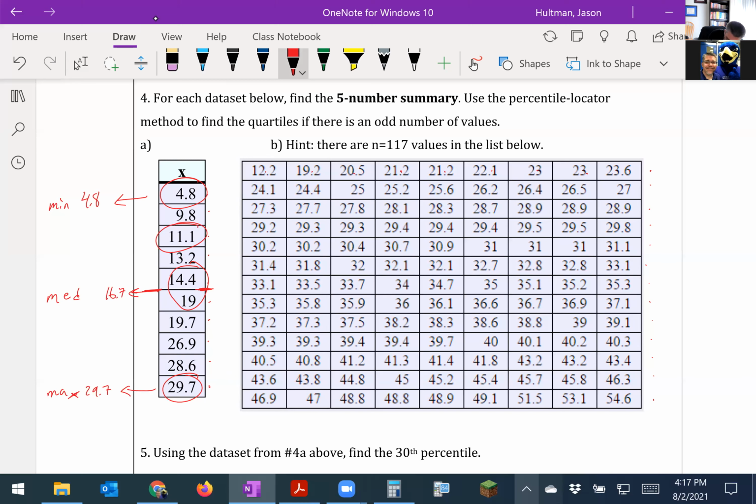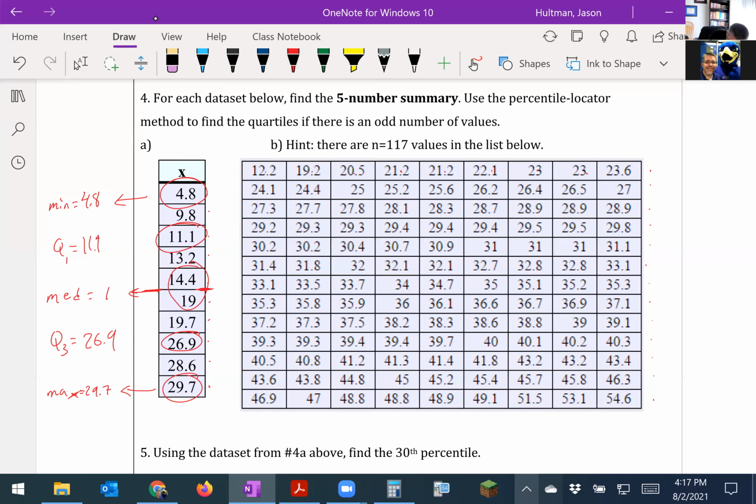It's the middle of the lower half, because we have an even number of values now. So Q1 is 11.1. Okay, and Q3 is going to be the middle of the upper half, which is this guy here. So that's 26.9. So there's my 5-number summary.